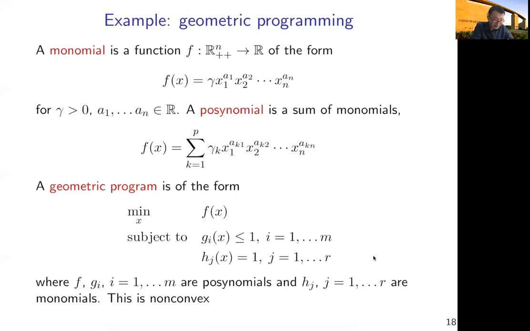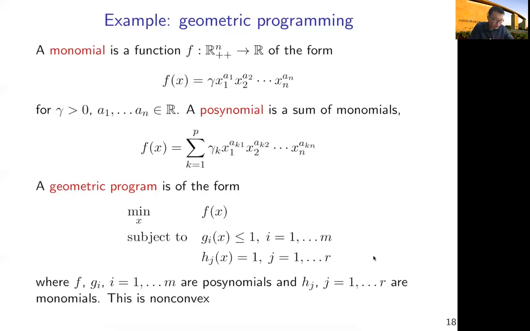Posynomials, on the other hand, are a family of polynomials where the coefficients of the monomial basis functions are non-negative. So you get a sum of monomials, which are called posynomials, polynomials with positive coefficients. That sounds really weird.